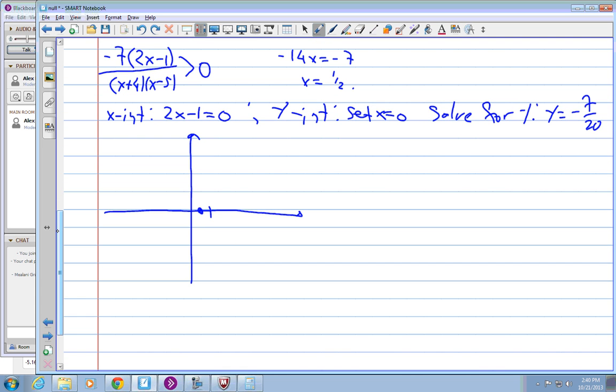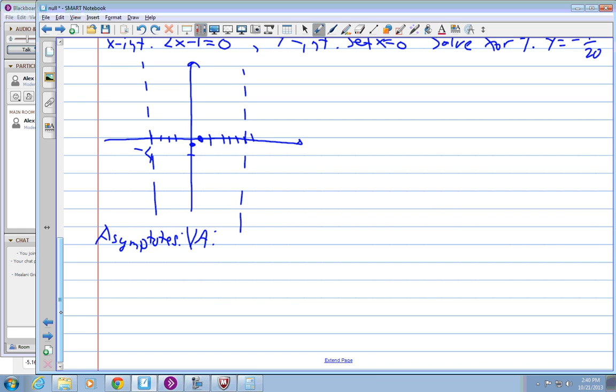So the y-intercept was negative 7 over 20. Who cares? Something tiny negative. Right? Now what are asymptotes? What are the vertical asymptotes of this? So negative 4 and 5. 1, 2, 3, 4, 5. Right? What are the horizontal asymptotes?